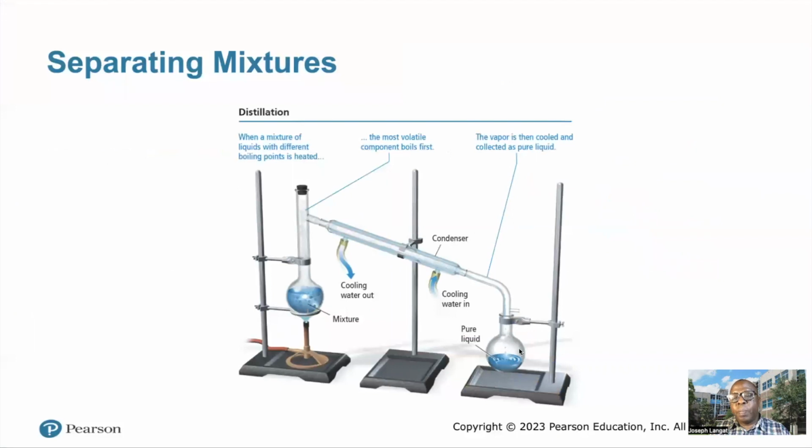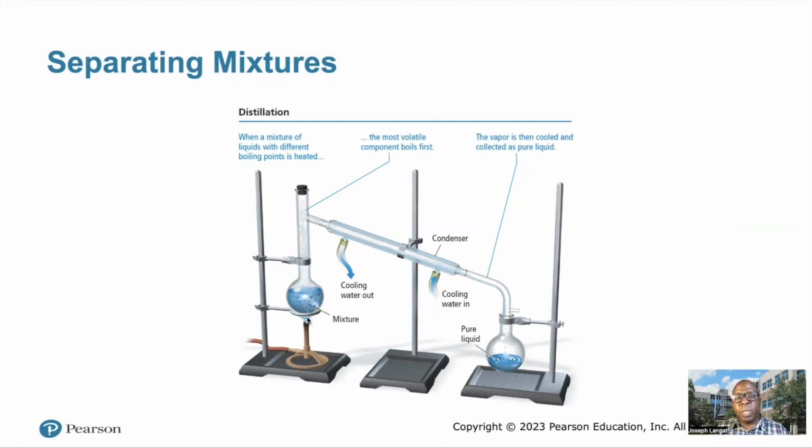And if this is the mixture, sometimes we have it in the heating mantle or some sort of heating device, so that the more volatile liquid will vaporize and travel as steam. Once it gets here, it will condense and can be collected down here.